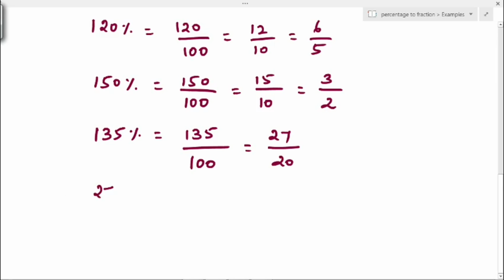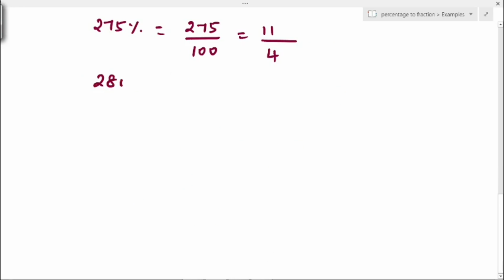Next, if we have 275%, this 275% can be written as 275 divided by 100. Both numbers are divisible by 25. So if you divide it, 25 into 11 is 275, and 25 into 4 is 100. So the fraction value is 11 divided by 4.